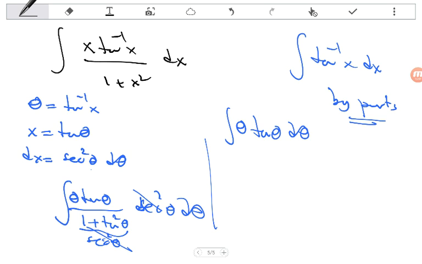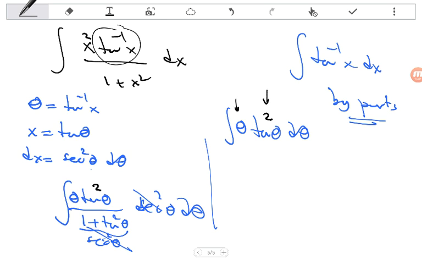Sorry, this is x squared. So this will be theta tan squared theta. Okay, so this is tan squared theta.